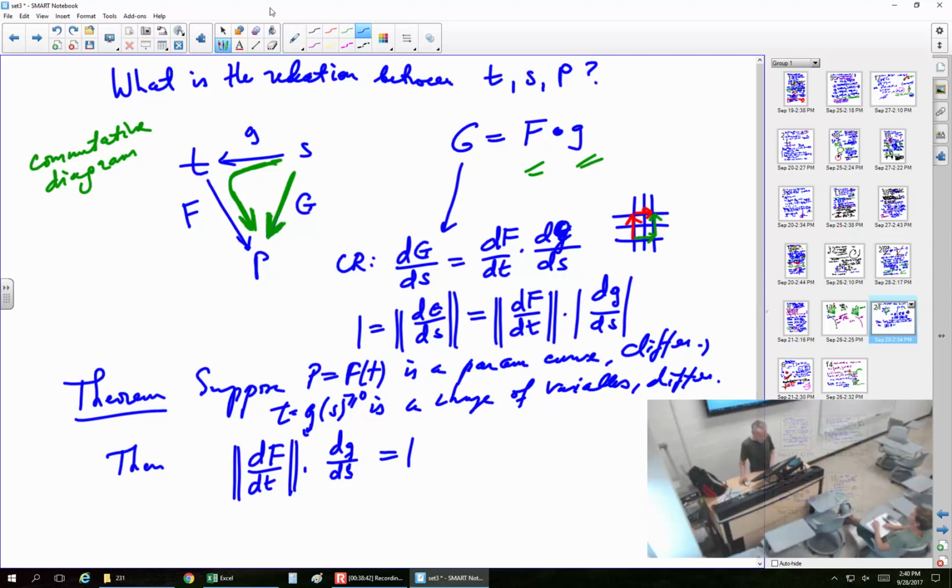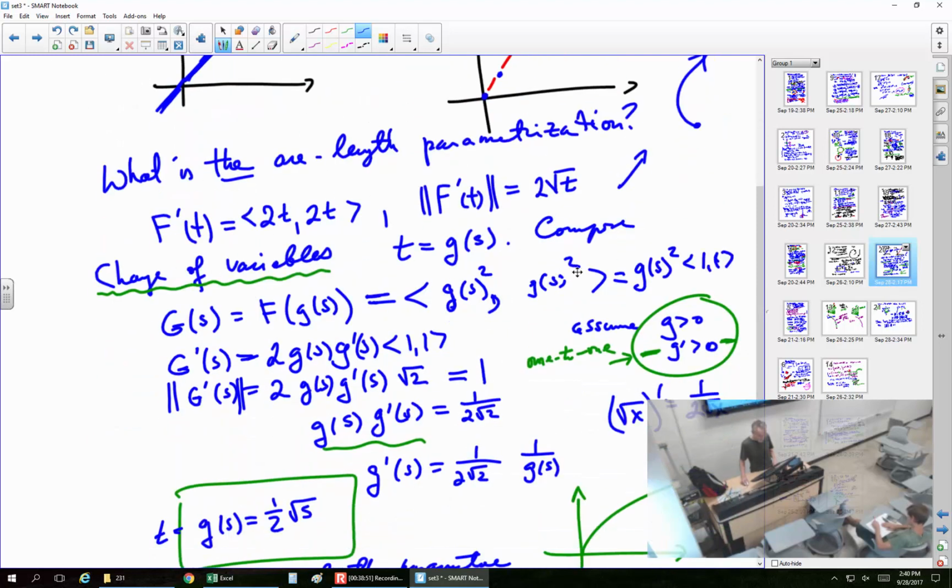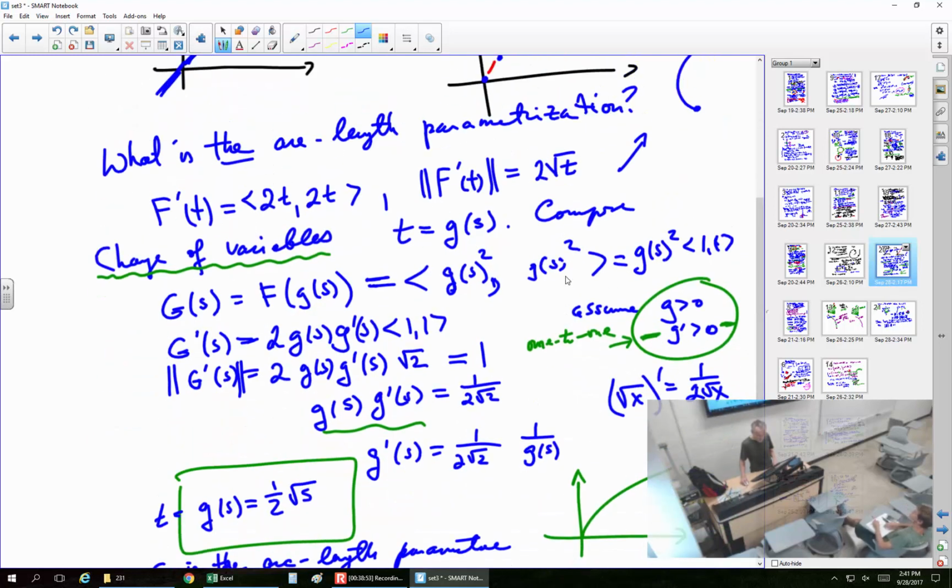So in fact, let's verify that it works out with the example we just had. So dg/ds was, well, that's what we're looking for. df/dt was 2 over square root of t. So that f prime here, I'm using the Lagrange notation. I'm sorry, Leibniz. This is Lagrange notation, this is Leibniz notation.